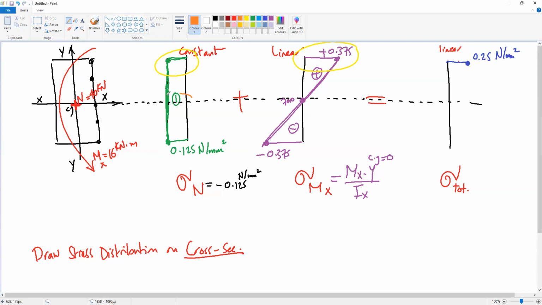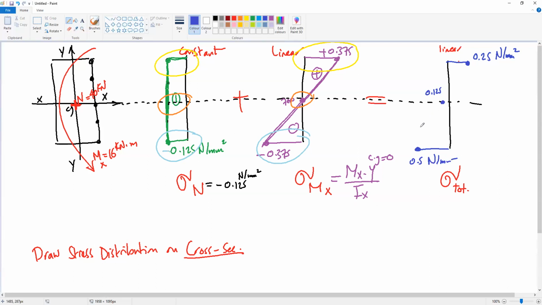If we are here at the centroid, the value here is negative 0.125, here is 0. So the value here will be negative 0.125, and we connect them. If we need another value for confirmation, here negative 0.125, negative 0.375, so the resultant here will be 0.5 Newton per millimeter square.